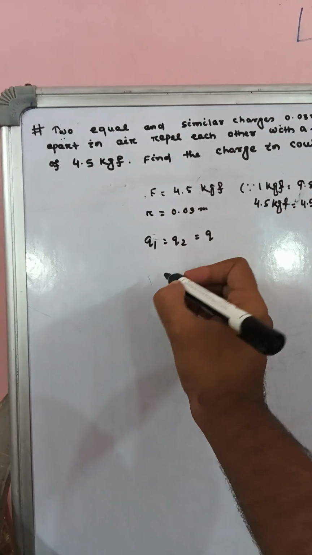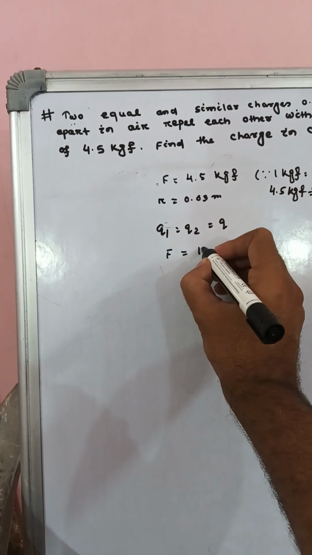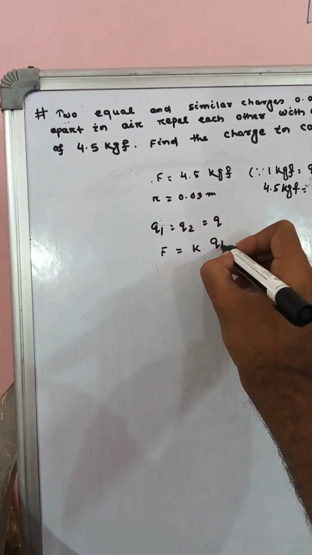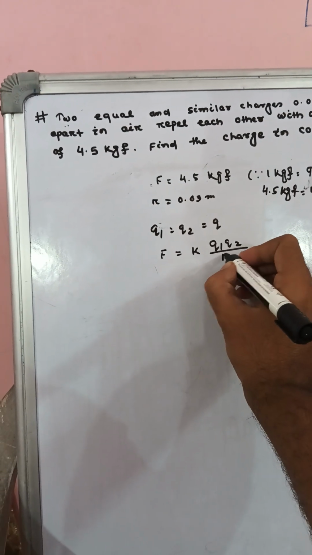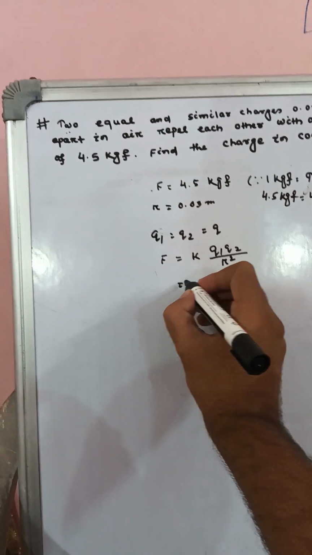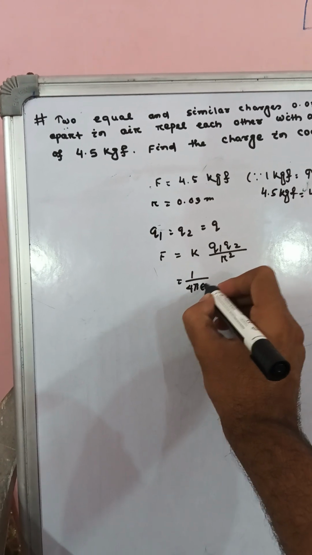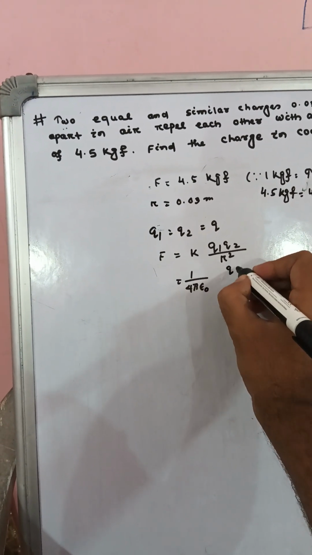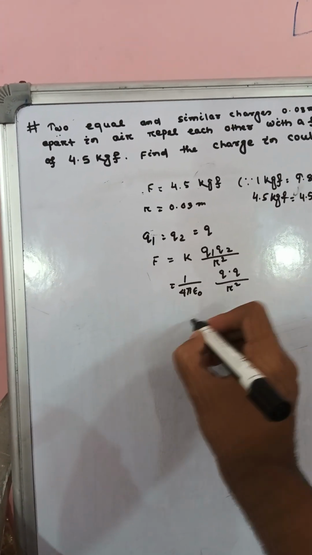From Coulomb's law, force is equal to K, dielectric constant, Q1 into Q2 divided by R square. Then 1 by 4 pi epsilon naught Q into Q divided by R square.